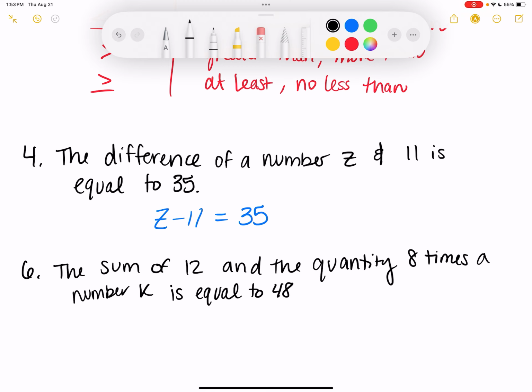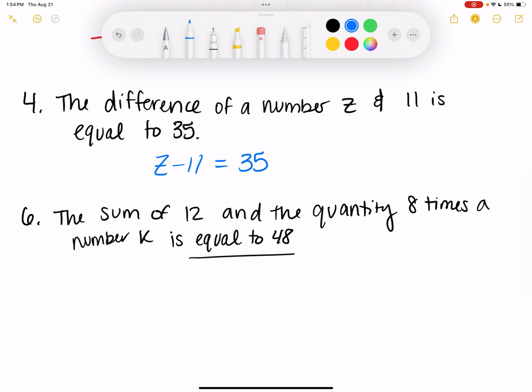So how do you think I write the first part with what we did yesterday? Because we know it's equal to 48, right? So how do I write this other part? The sum of 12 and the quantity 8 times a number k. 8 times k. What else? 12 plus 8 times k. Yep. 12 plus 8 times k.